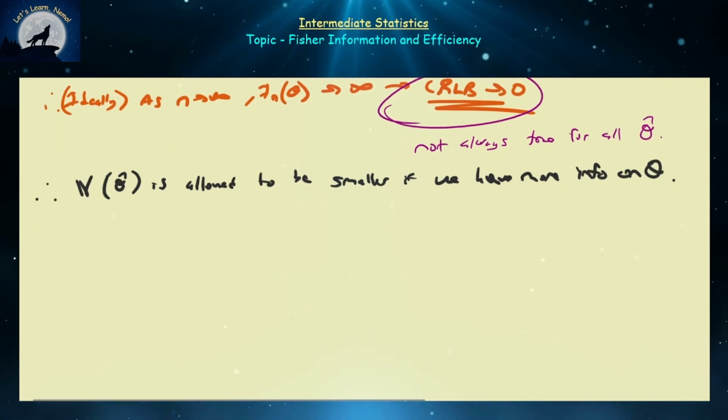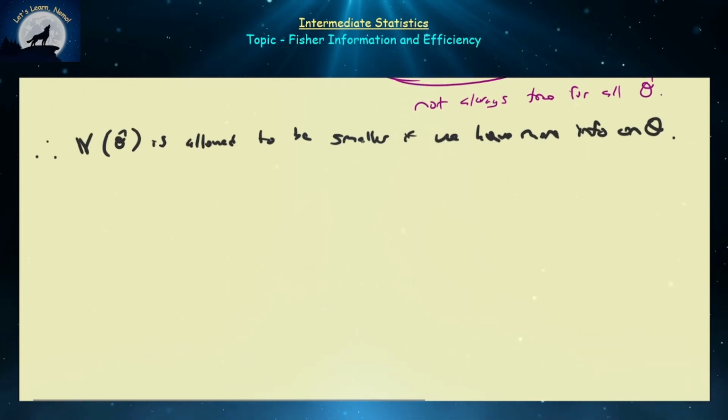Right? So let's assume that we have this Cramér-Rao lower bound, and technically speaking, we always do, as long as this theta hat exists and the MLE exists and all of that fun stuff.